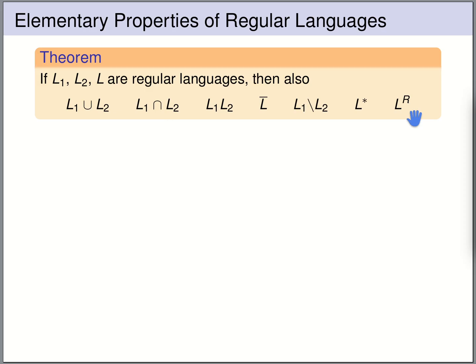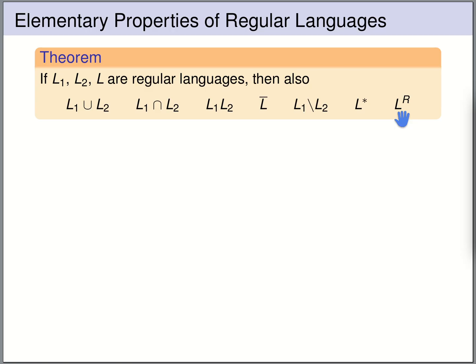So if L1 and L2 are regular languages, then also their union is regular again, the intersection, the concatenation, and the difference of L1 and L2 are regular again. If L is a regular language, then the complement of L, the Kleene star of L, and the reversal of L are all regular languages again.